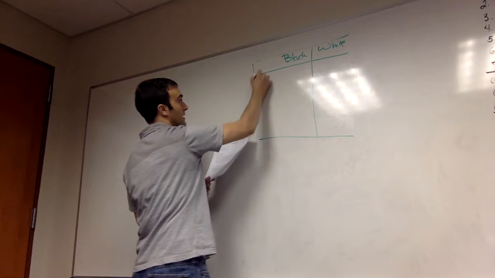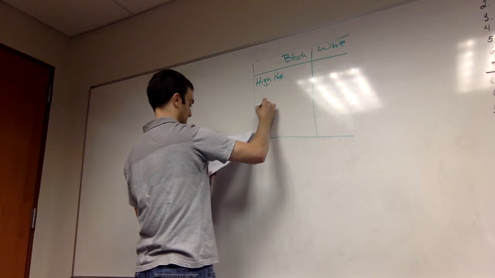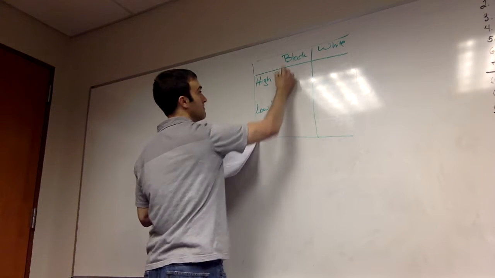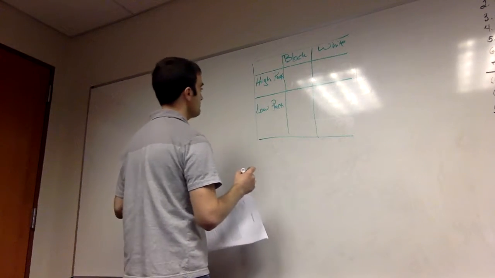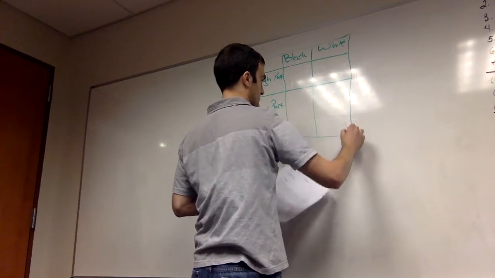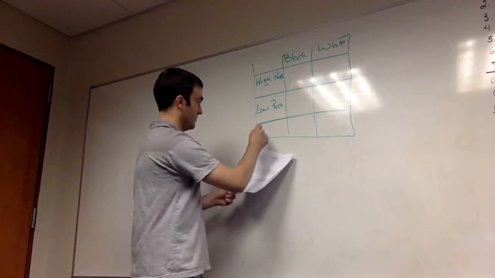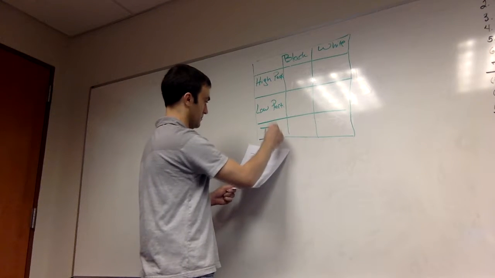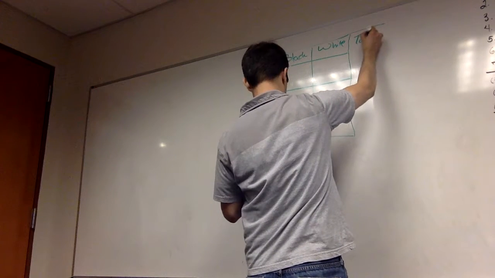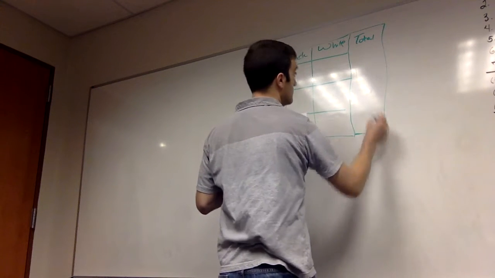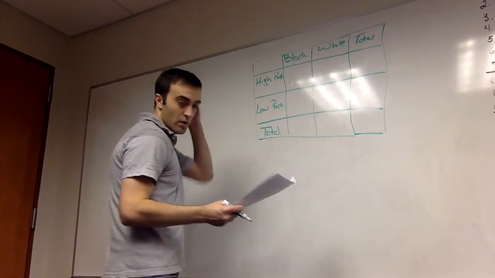In the rows, they have participation, high participation, and low participation. And they put the totals for you in the row totals and the column totals. So we got a 2x2 table.